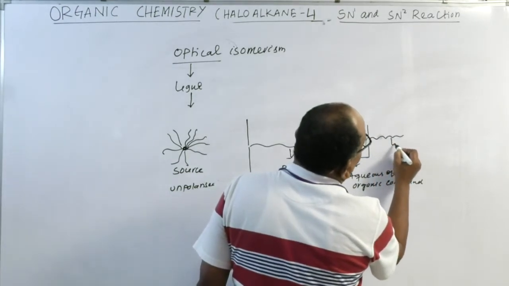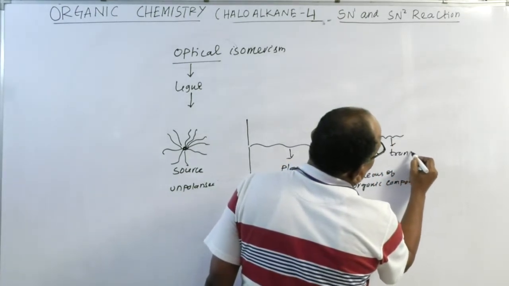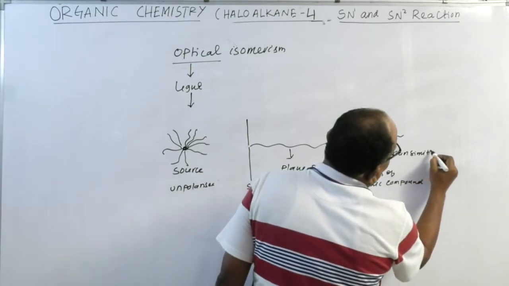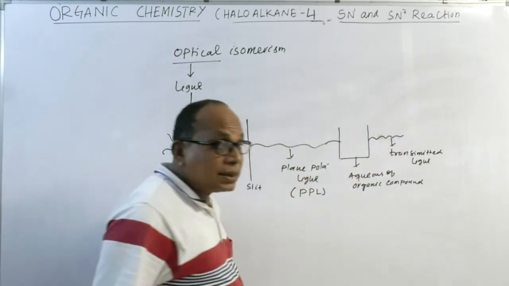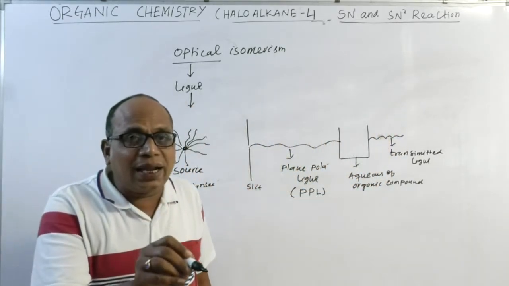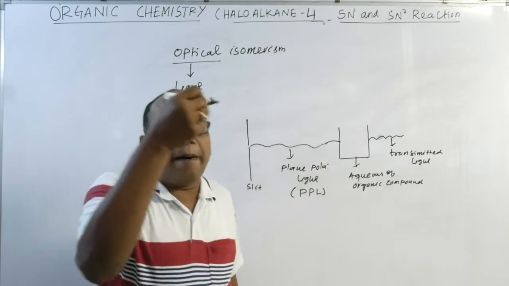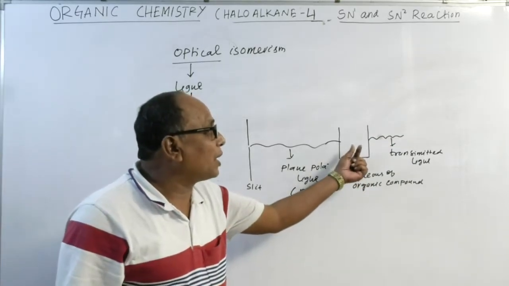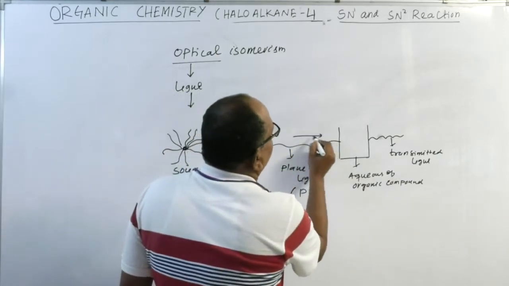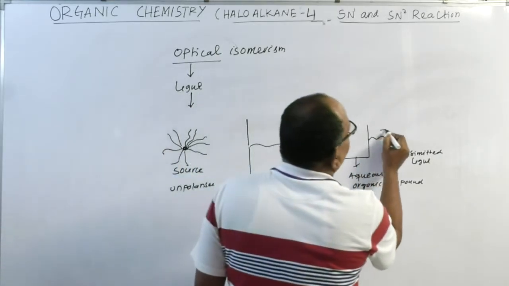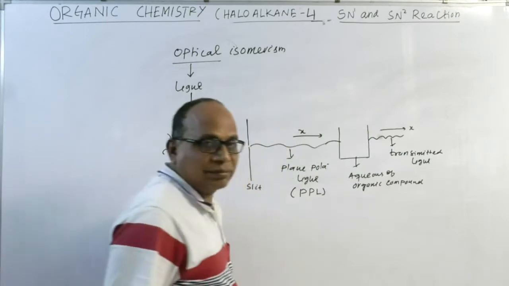This is the transmitted light, the plane polarized light after passing through the organic compound. Suppose this is your x direction. This is also an x direction.